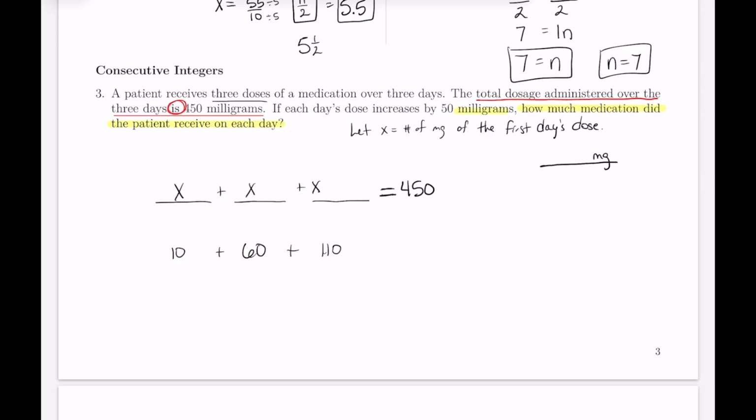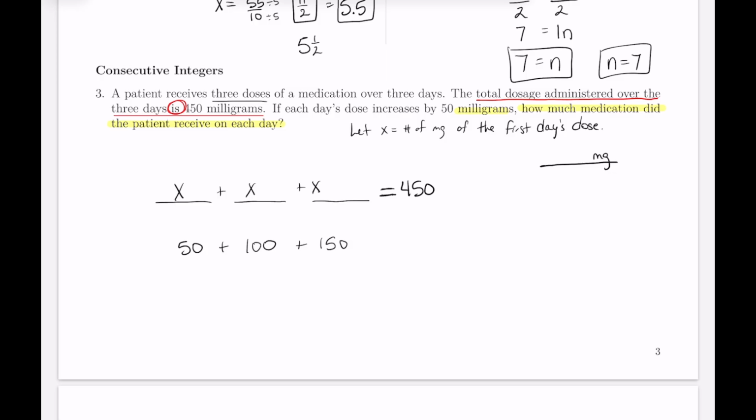Well, clearly those don't work. That's not quite right. Okay. And that's okay. I could sit here and guess, right? I could say, well, what if this one is 50 and the next one's 50 more and the next one's 50 more than that. Do those add up? Do those work?